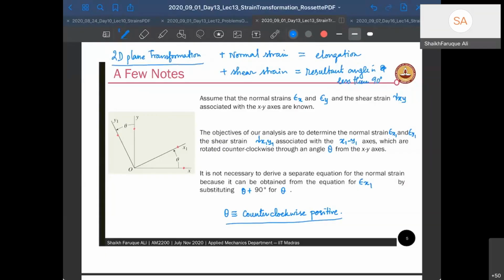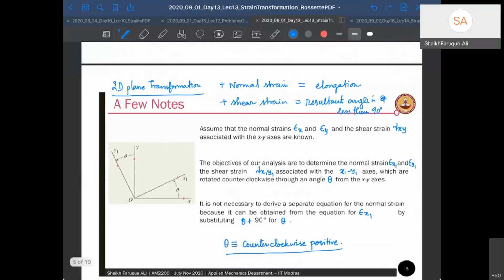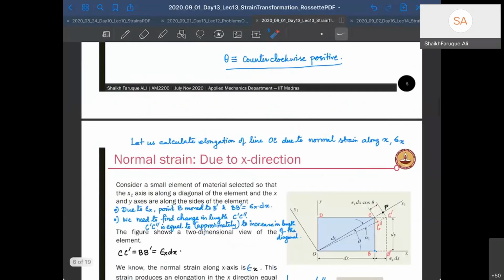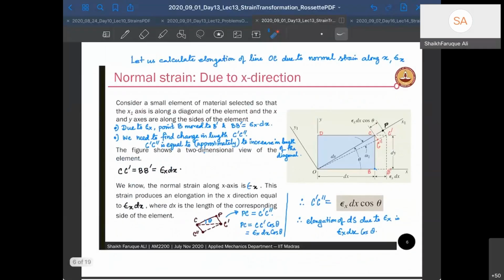Okay. So the objective is, you had axes x and y. Now the axes have rotated to x dash and y dash, and the angle of rotation is theta. We will draw Mohr's circle in the next class, and the same rules follow. So what we are doing now is, let's say we had an element along the x and y axes.